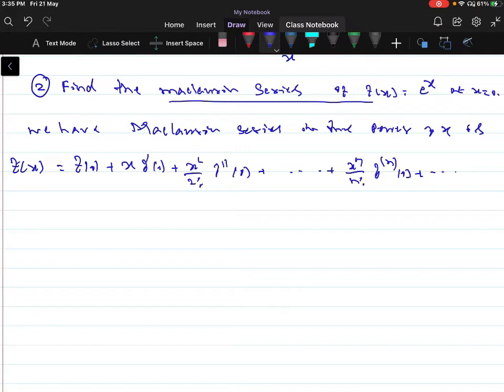So let us find out f of 0, f dash of 0, f double dash of 0 and so on, nth derivative of f at x equal to 0 and so on.